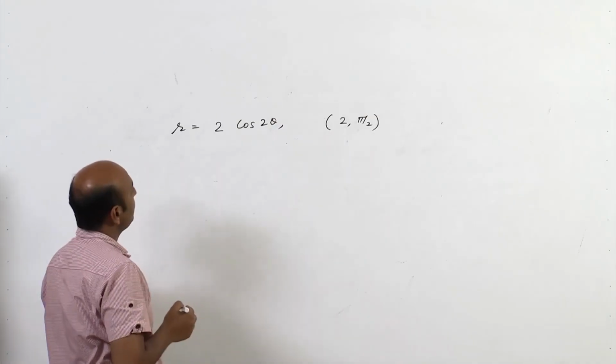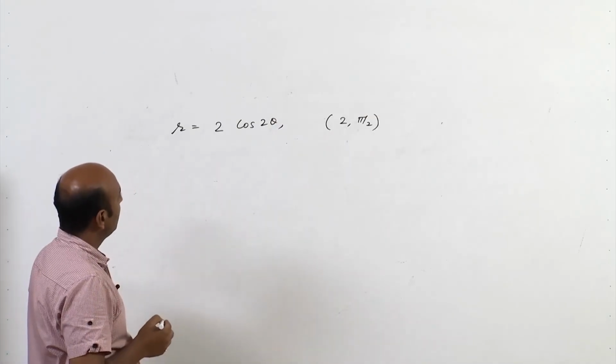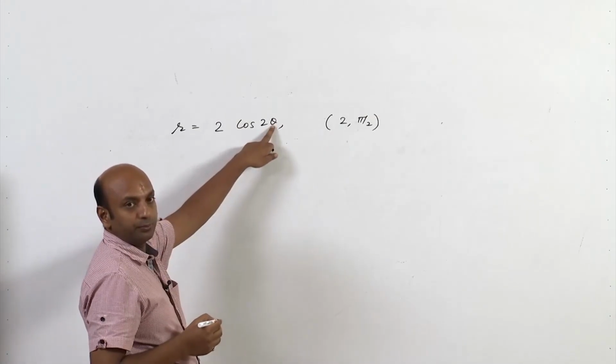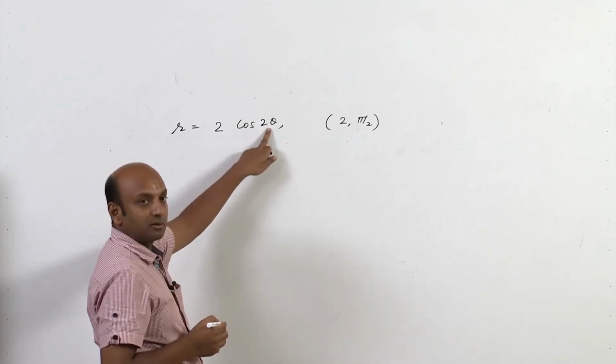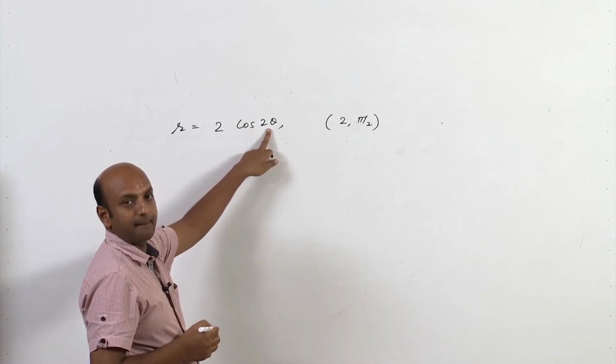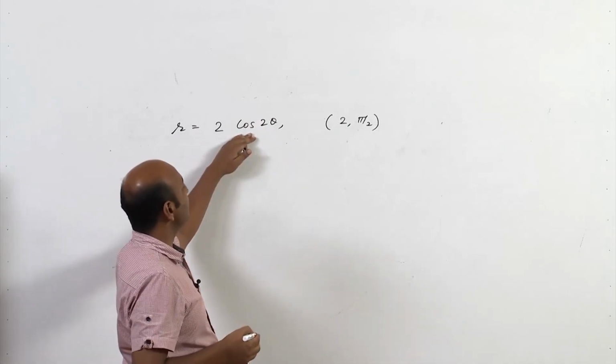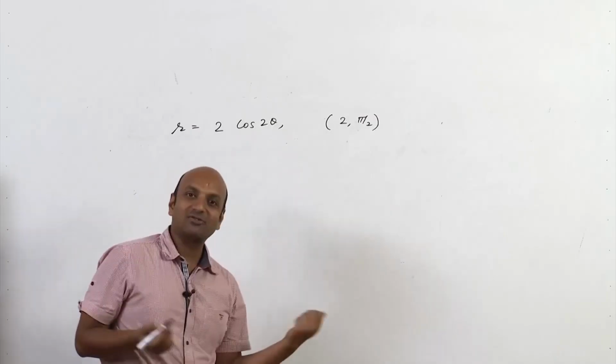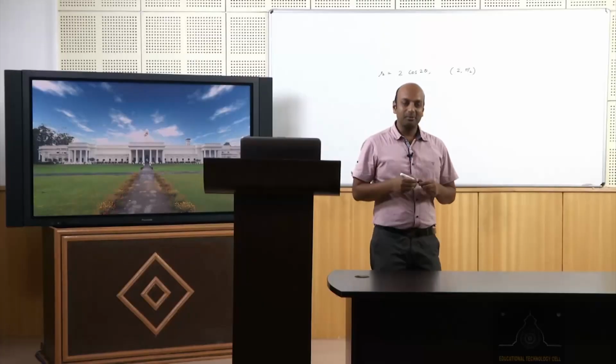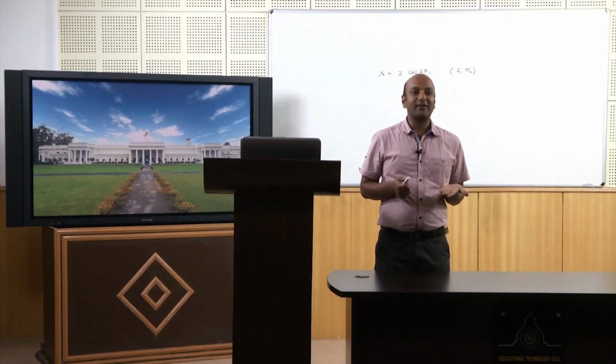Now, when you substitute theta equal to pi by 2, it is cos pi and cos pi is minus 1. So, r is minus 2. So, from here you can simply say that this point does not lie on this curve because this point is not satisfying this equation.